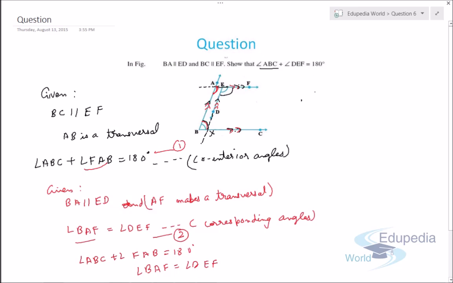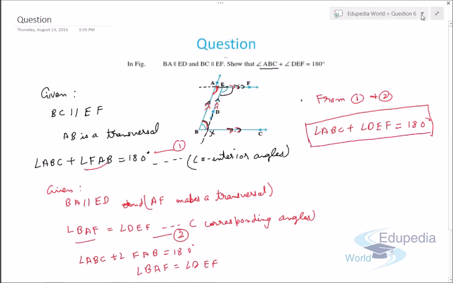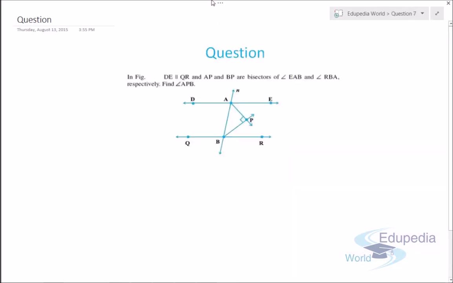So from 1 and 2, angle ABC plus angle DEF equals 180 degrees. So this is how we can prove these types of questions. Let's move on to the next question, the last question of this video.